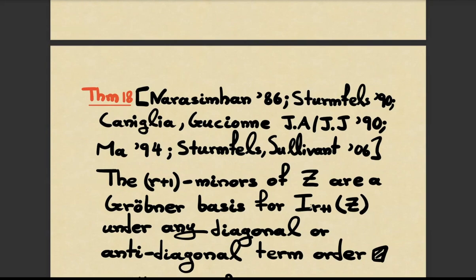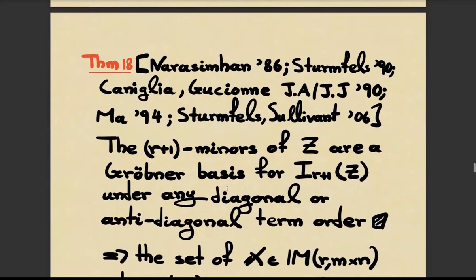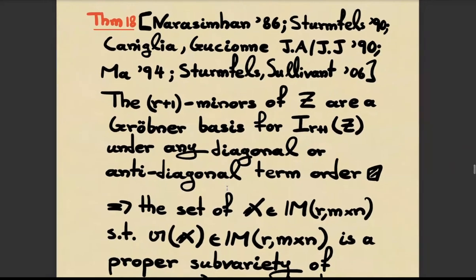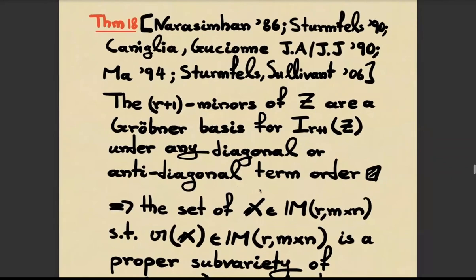And what is the initial ideal? I look at all the polynomials in the ideal, and then I pick the leading term from each polynomial. This makes the initial ideal. It's rather technical for this talk.